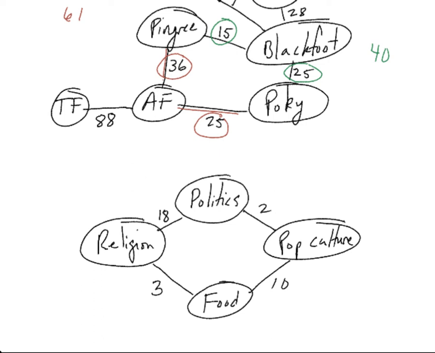And maybe only 2 tweets mention both pop culture and politics, whereas 10 tweets mention both pop culture and food. Now, there might not be even a single tweet that mentions politics and food in the same tweet, and so there's not an edge between politics and food, and similarly with religion and pop culture. And this is a powerful way to model the dialogue going on in tweet space.